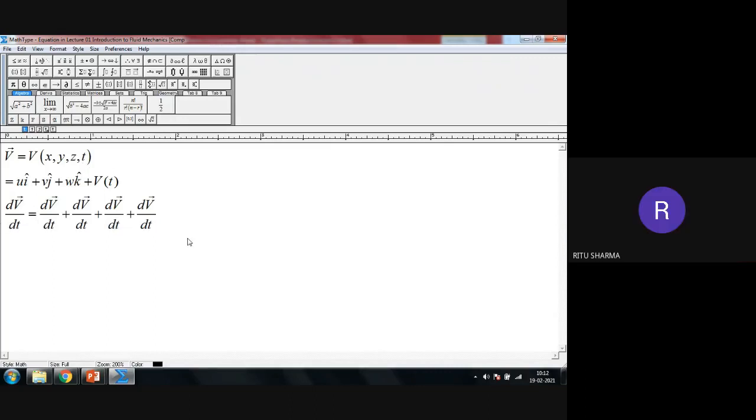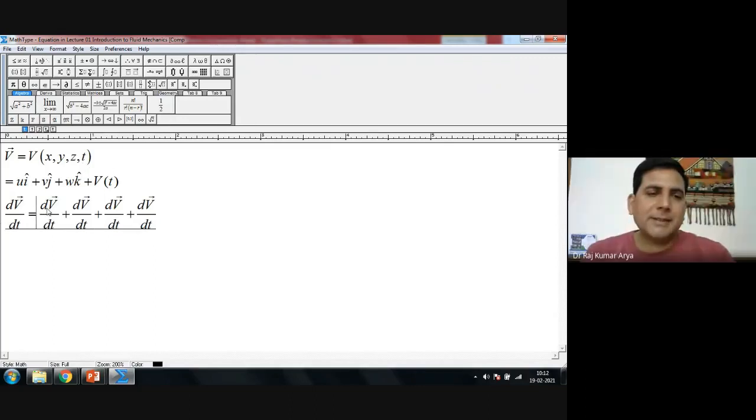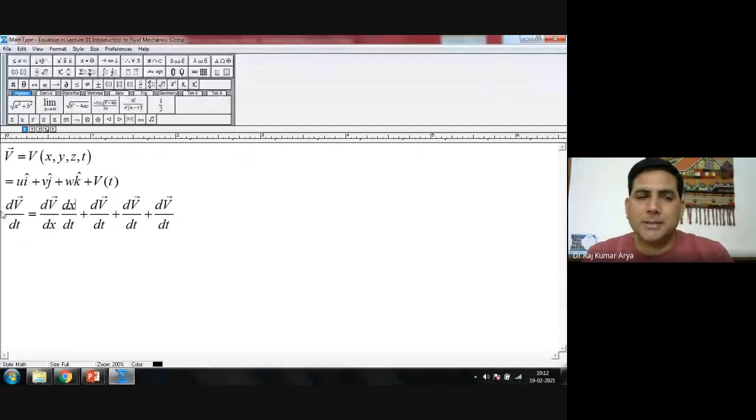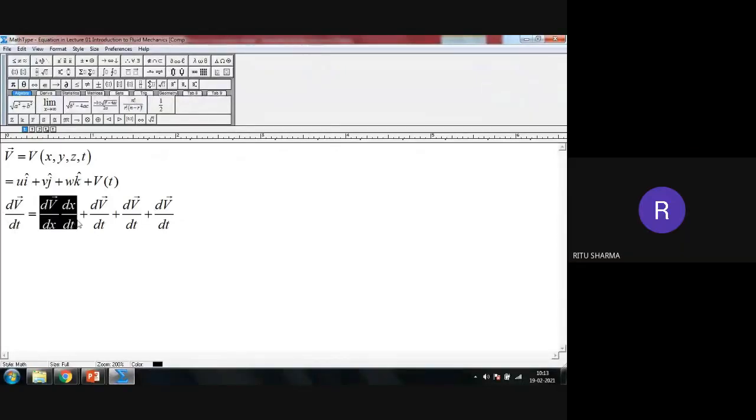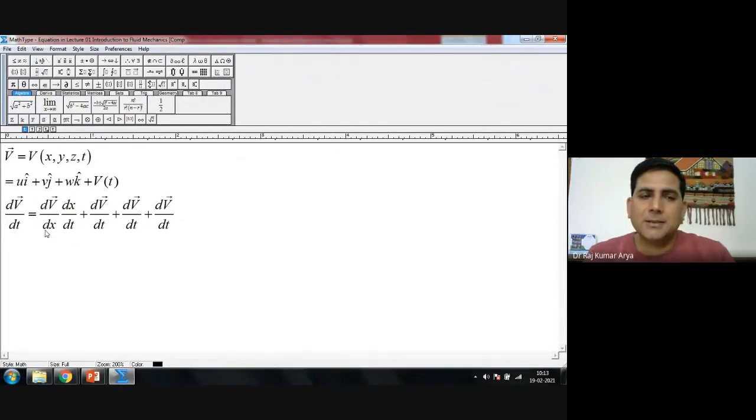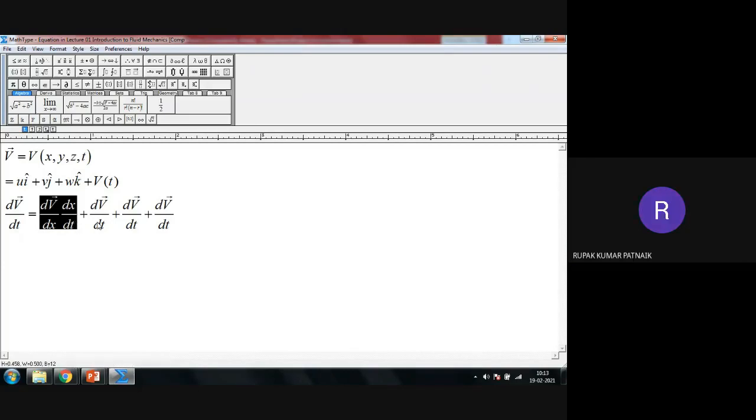So I differentiate this velocity. First I can define it with respect to x, and if I change this component by x, I will get the first thing which I want to write, dv upon dt, right? Because dx will get cancelled. Same thing I write for that.